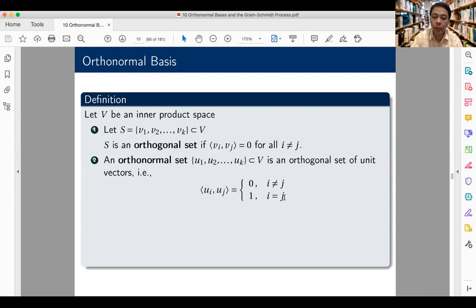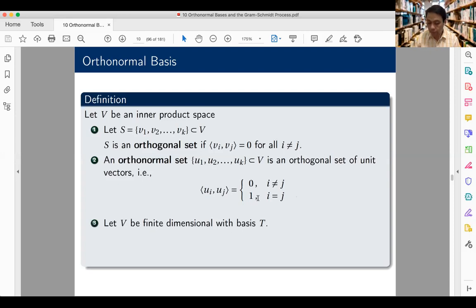So magiging pareho yung indices natin dito, ui, and it is equal to 1. So that implies that the inner product itself is equal to 1. Okay? So yung first condition na ito, if i is not equal to j, the inner product is 0, that is the orthogonality condition. And when i equals j, the inner product equals 1 is the normalizing condition. It is a unit vector.